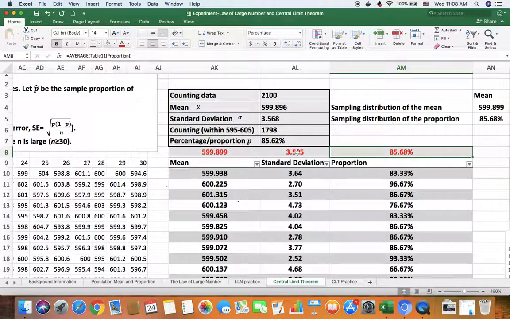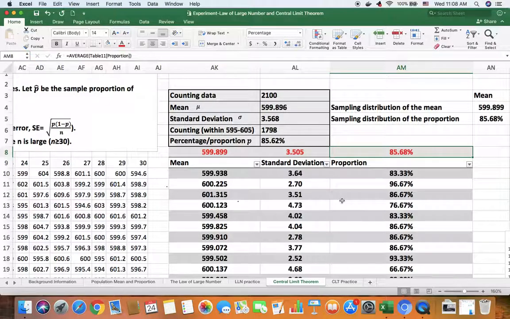This value shall be exactly equal to the population standard deviation, and this value shall be exactly equal to the population proportion.